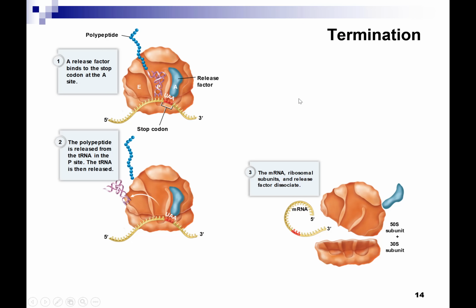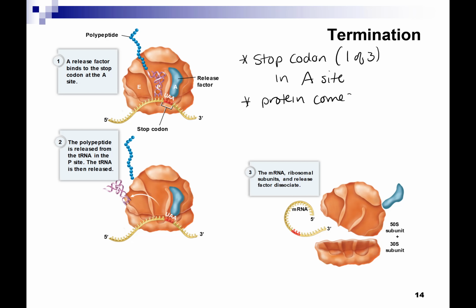So termination involves the stop codon, right? We have 1 of 3 in the A site. A protein comes in, and that protein is called a release factor.